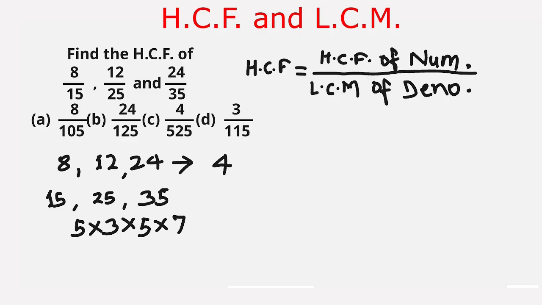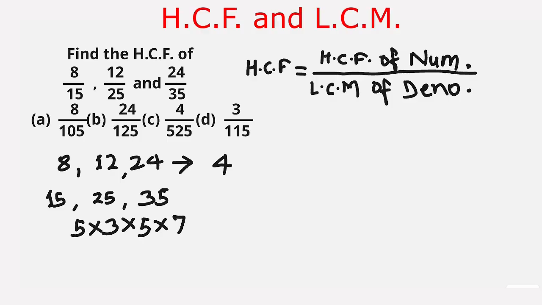So it is 5 multiplied by 3 multiplied by 5 multiplied by 7. 5 times 5 is 25, and 25 times 7 is 175, and 175 times 3 is 525.